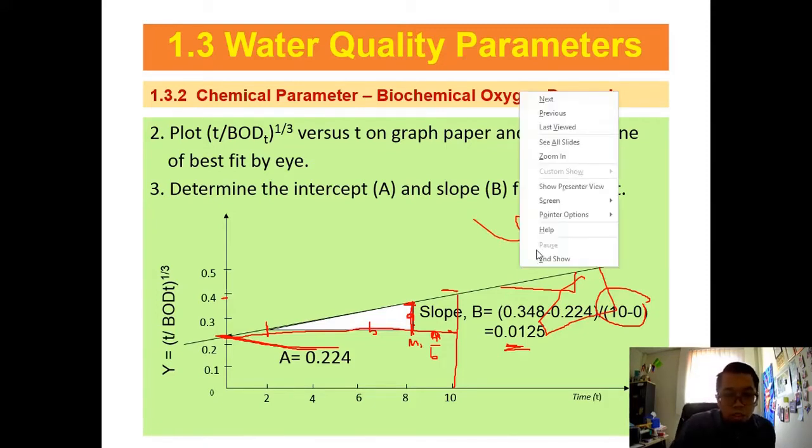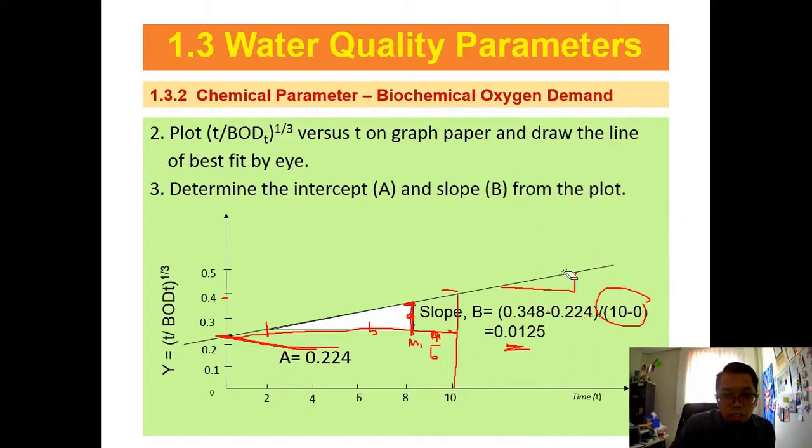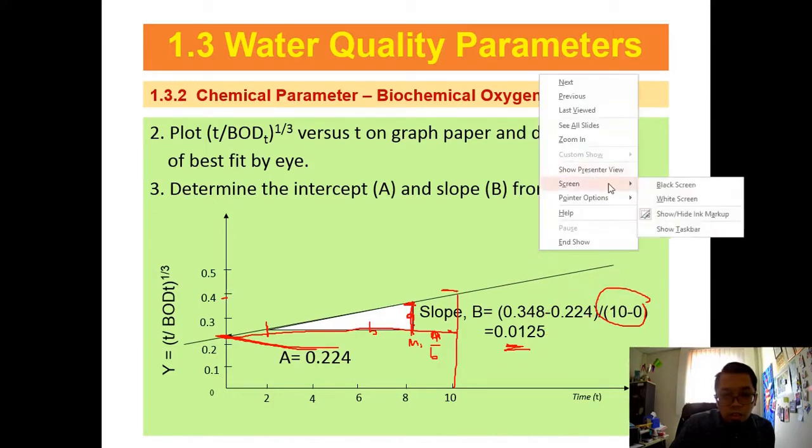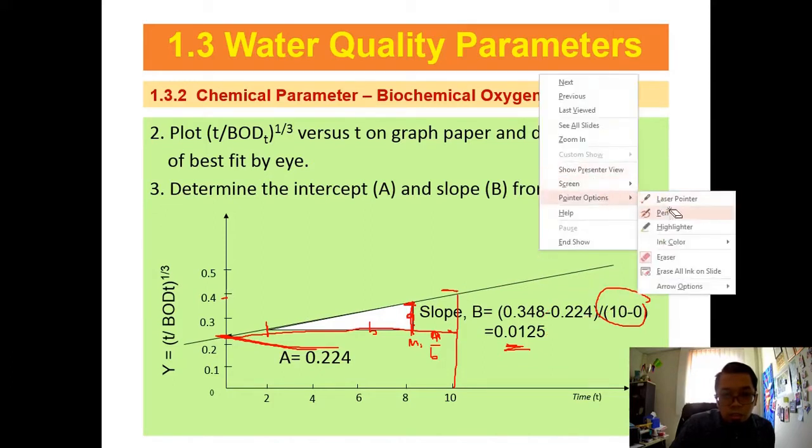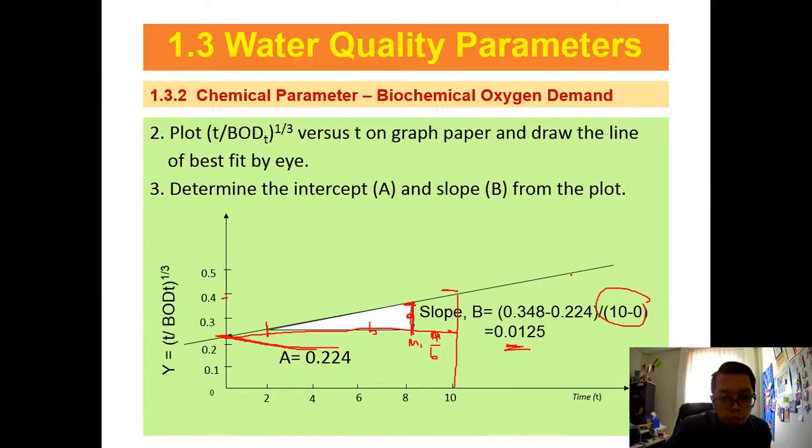The important thing, you know what is the height of the A. To measure the slope, tak kisahlah which slope you want to take. So you must know the height of the A and the length of the B. So m equals A divided by B. So you get this and this value.